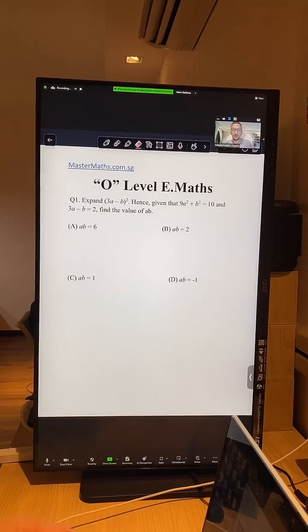Without further ado, the question here: expand (3a minus b) squared. Hence, given that 9a squared plus b squared equals 10 and 3a minus b equals 2, find the value of ab. Is the answer going to be A, ab equals 6, B, ab equals 2, C, ab equals 1, or D, ab equals -1?